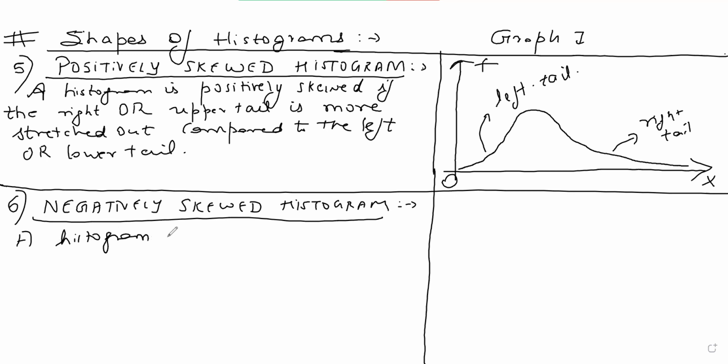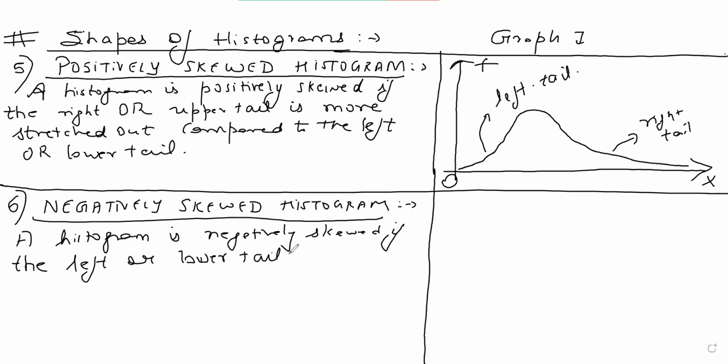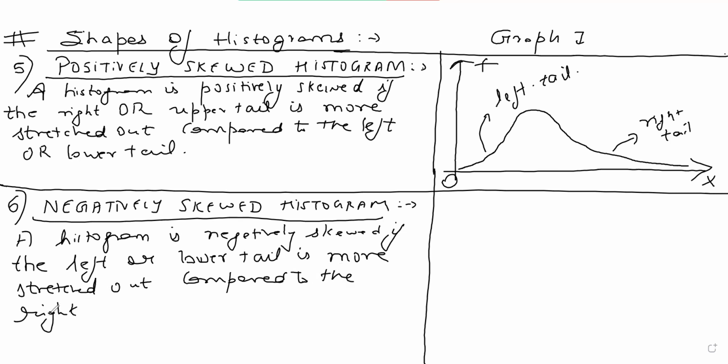A histogram is negatively skewed if the left or the lower tail is more stretched out compared to the right or the upper tail.